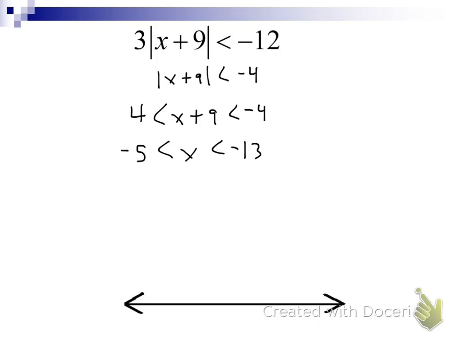If I went to the number line and graphed that, this says x less than negative 13, which is parenthesis this way. Here's negative 5. This says x greater than negative 5, parenthesis going this way. Do I have a number that satisfies that compound and inequality? No. That's why the answer, I'm going to write it just this time for you.